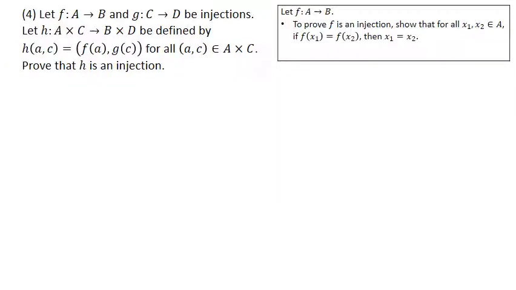Okay, so let's look at the next problem here. Number 4: let f be a function from A to B, and let g be a function from C to D, and both f and g are going to be injections.